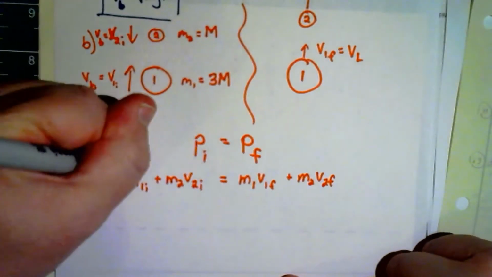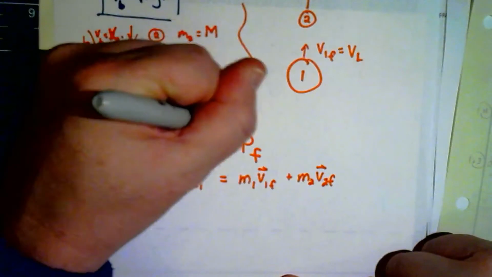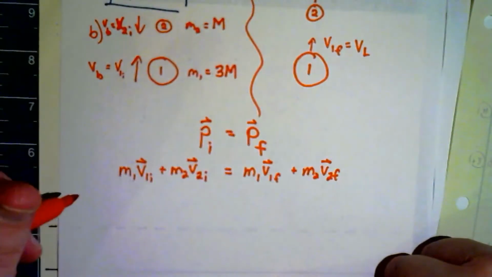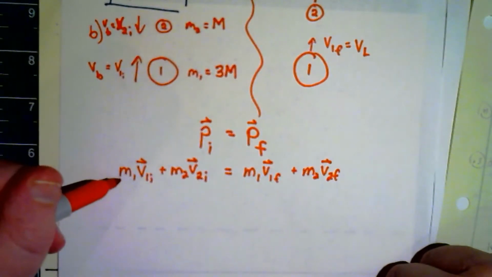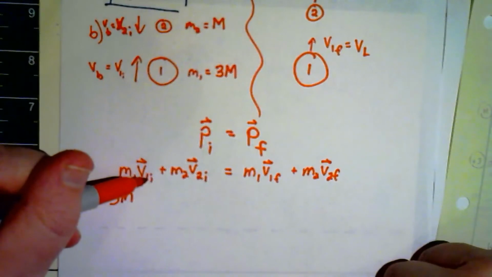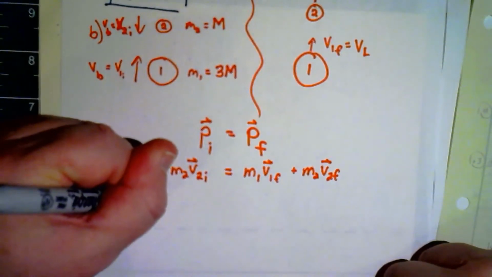All right, now it is important to remember that these velocities do have direction. They're vector quantities, same as momentum. And so now I can make some substitutions for all these terms. M1 is the larger sphere, so that's 3M. V1 initial is VB, and it's moving in an upward direction, so that's a positive VB.